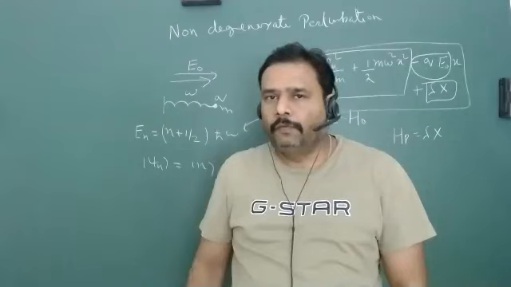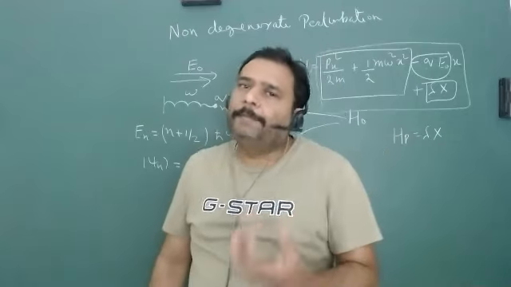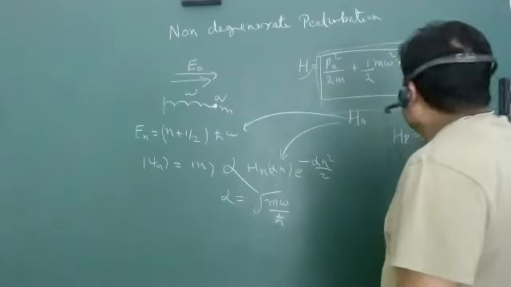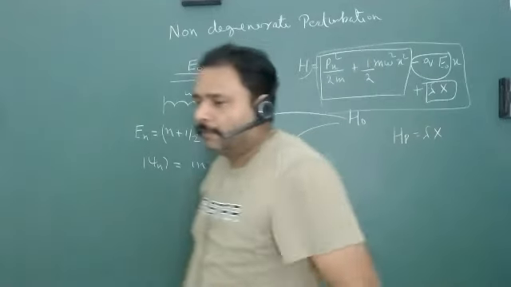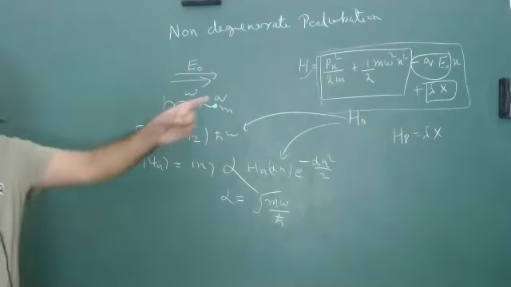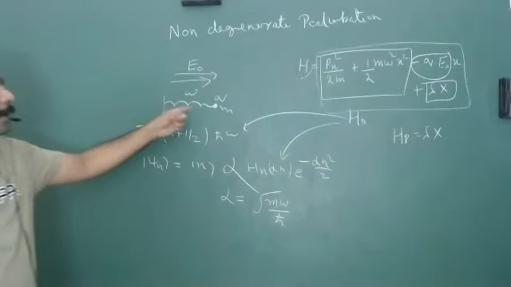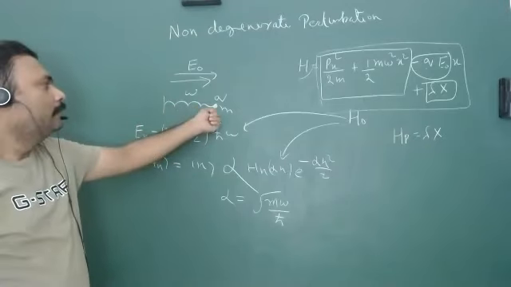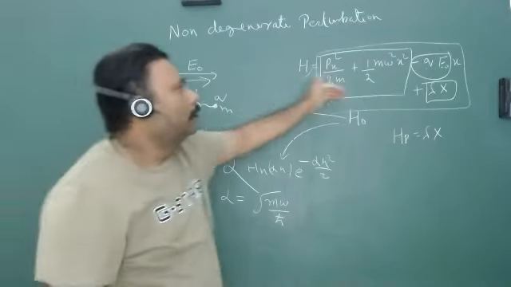So now, what is our main purpose? Suppose this electric field is very high. Then what will happen? Suppose this electric field is very high compared to this restoring force. Then this charge will feel a force and it will just go in this direction.